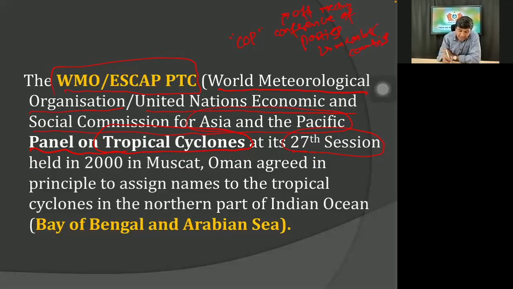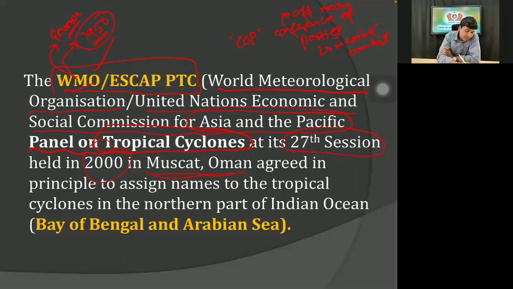So member countries gathered in the year 2000 at Muscat in Oman, meaning the member countries of WMO, the World Meteorological Organization, which was created in the year 1950 and has its headquarters at Geneva.